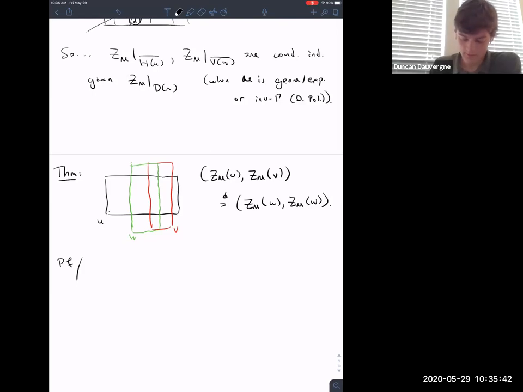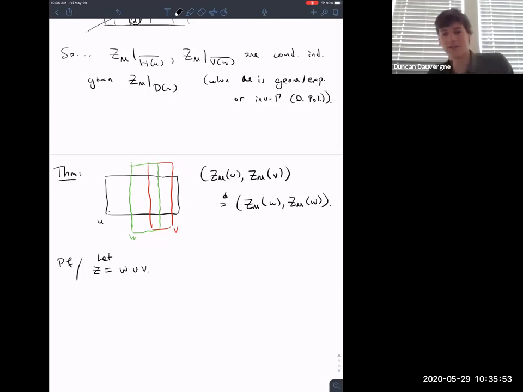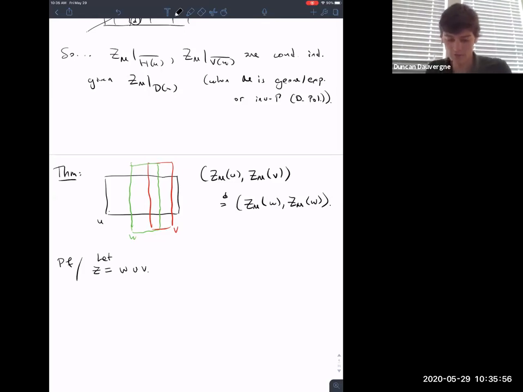Okay. So first, I'm going to let Z be the box containing W and V. The way I've set it up, we can just write Z is W union V. I'll draw that in the picture.